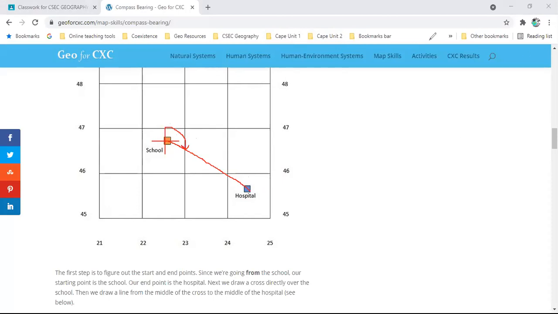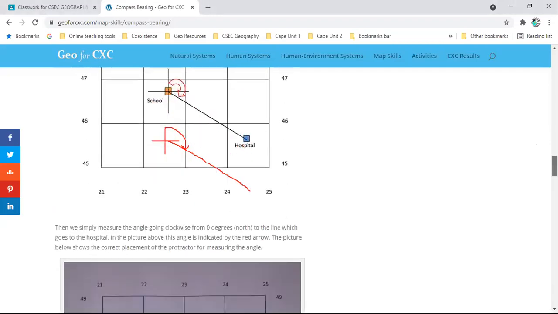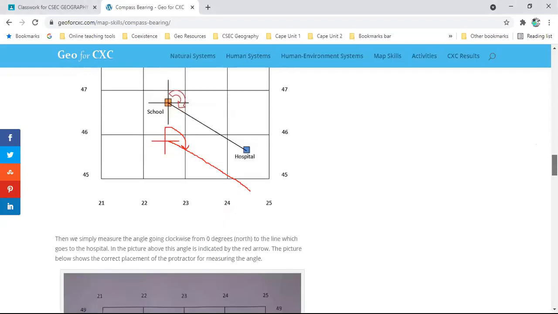Remember, on your protractor you would see a little circle and cross. We call that a crosshair, which is the same as the north-south compass line. You line up that circle with this circle, so you're pointing it in the direction in which you want to measure. In this instance, you are putting your protractor to the right.